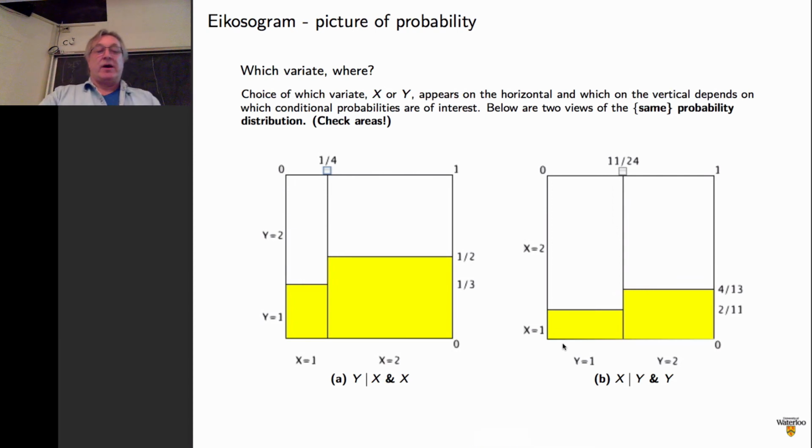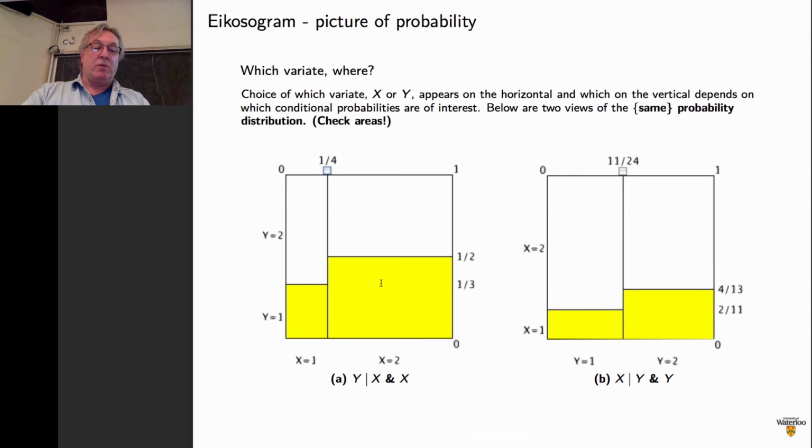I could switch this around. If I have this distribution here, where I've got mainly written in terms of the conditional distribution of y given x, I may want to turn that around and write that in terms of x given y. This should be the same distribution. So this little square in the bottom left here has y equals 1 and x equals 1. And this little square has x equals 1 and y equals 1, so these better be the same area.